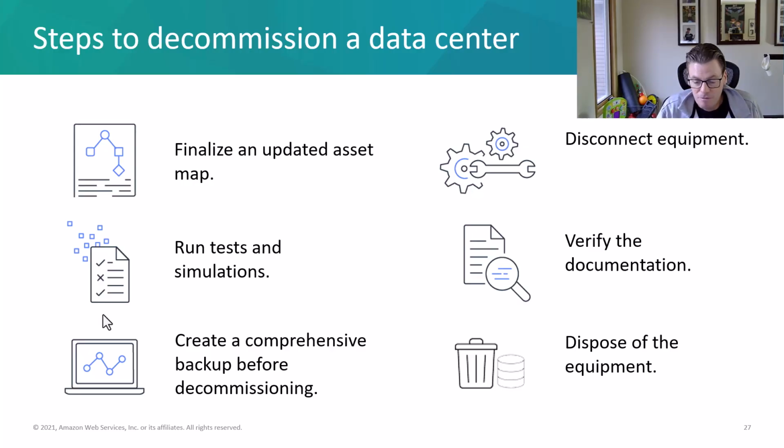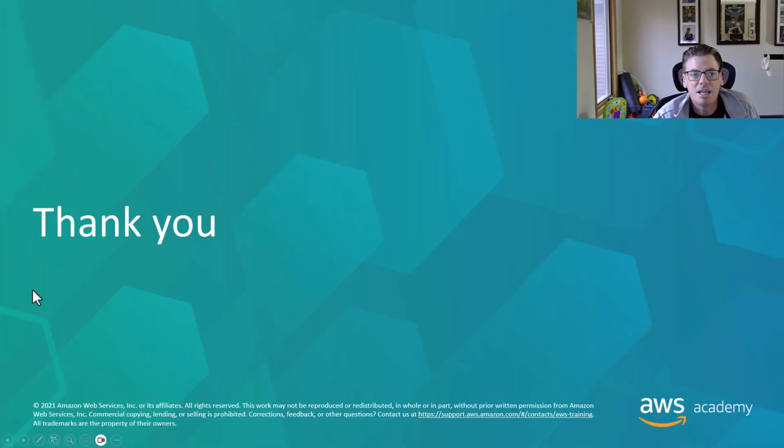We're going to want to do a very specific, probably a bitwise backup on the system before we shut it down. We're going to disconnect it. We're going to verify the documentation that we did it right, and then we're going to get rid of it. And that sounds like an easy process, but it does take a bit of effort. Okay, and that gets us to the end of Module 15.